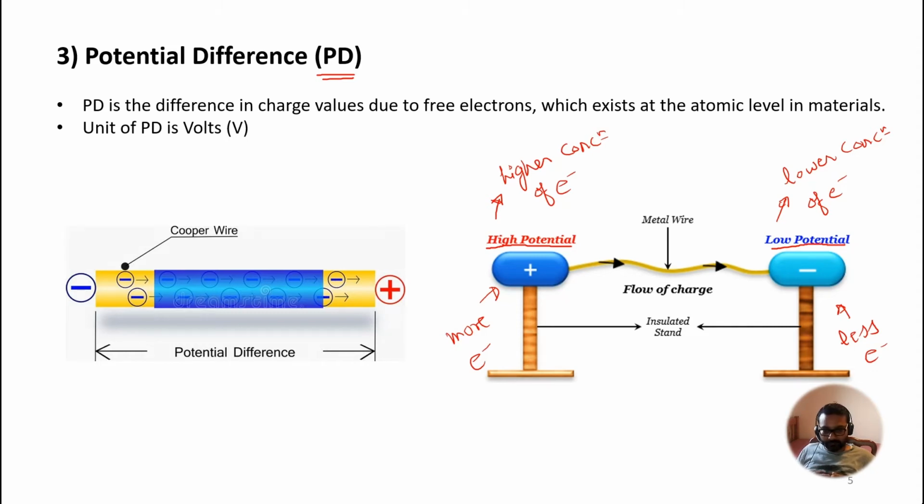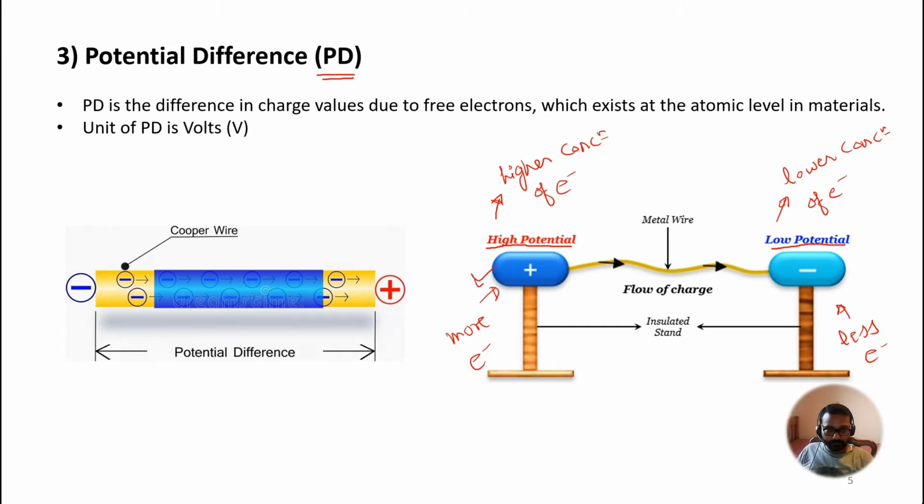Now if we have a room adjacent to that one and you have only one or two people sitting there, and it's a big room, so obviously the people from the higher density room would like to move to the room with fewer people, right? So that's what your electron will do.